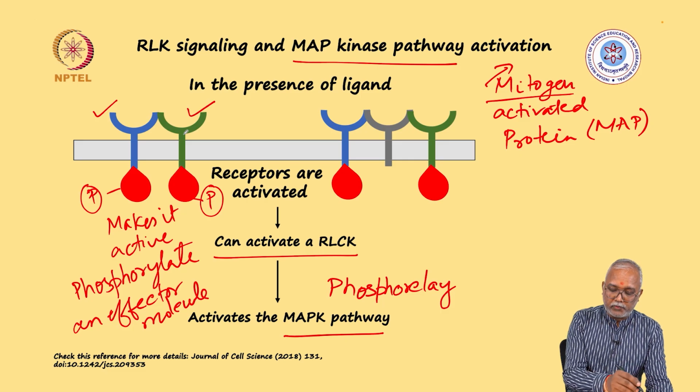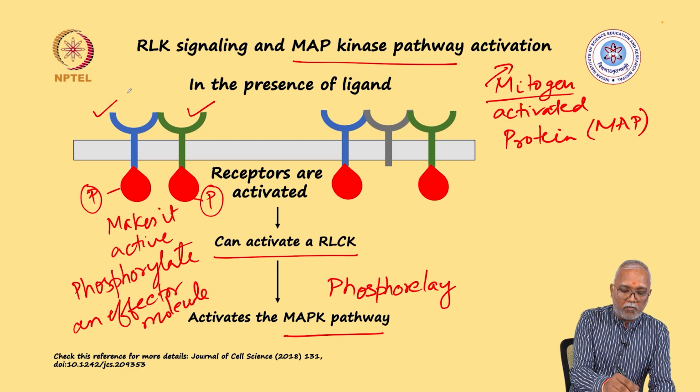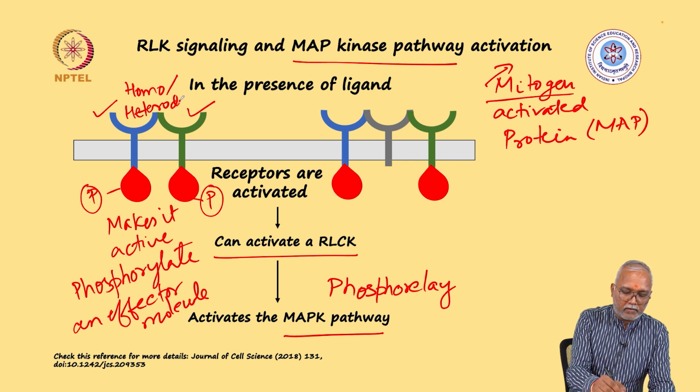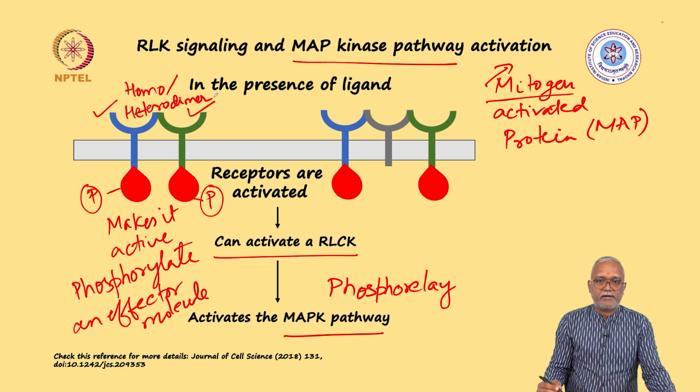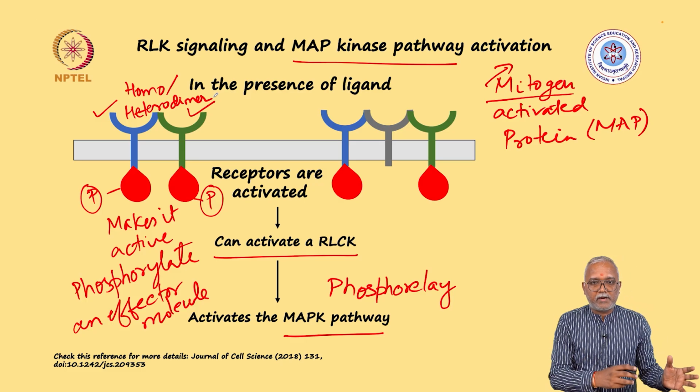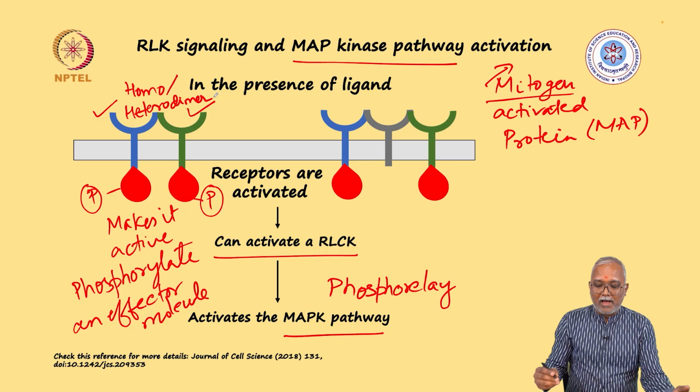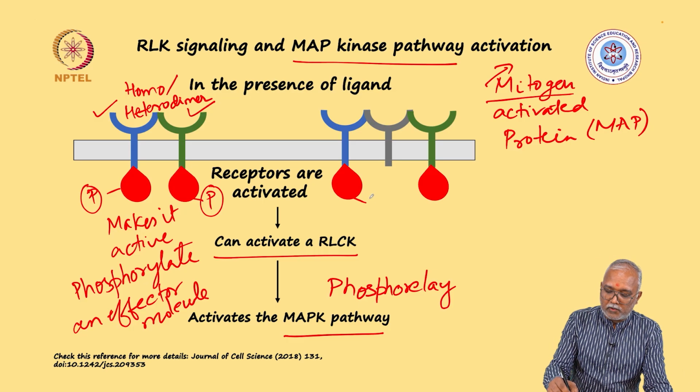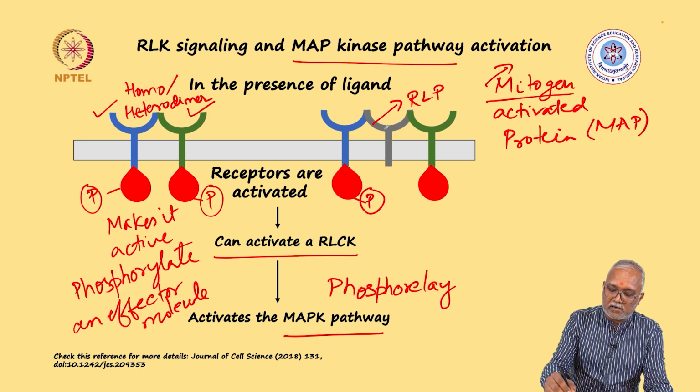So the activation of the receptor could be just because two receptors come together, of the same type or different type. In receptor-like kinase signaling, you have homodimers as well as heterodimers forming and activating the receptor. Heterodimerization and homodimerization are common, and there is also a scenario where you get this molecule in between. This is your receptor-like protein, which has the extracellular domain and transmembrane region but lacks the cytoplasmic kinase activity.